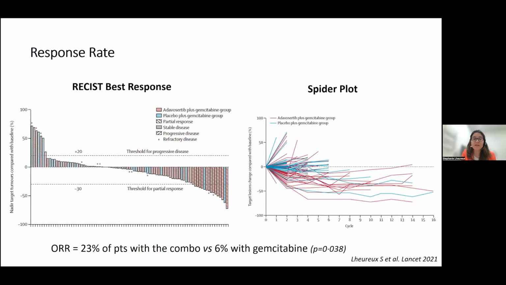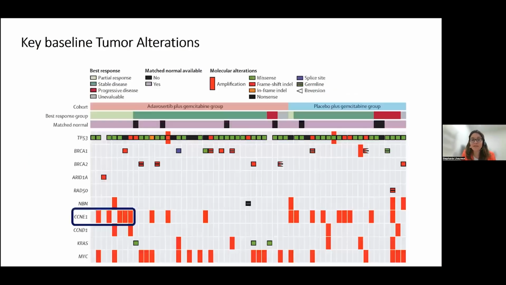So clinical benefit, but also some potential synergy in terms of objective response rate: the combination led to a 23% response rate versus 6% with gemcitabine. What is also interesting is that you can see that some patients have prolonged benefit to this combination. So we were able to actually identify a potential biomarker of response because all patients that undergo this trial have a baseline biopsy.